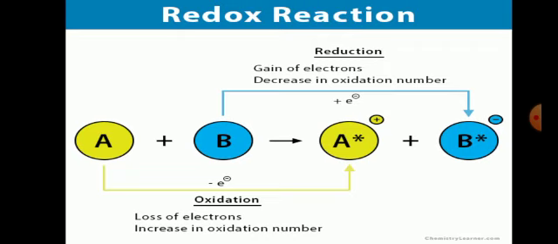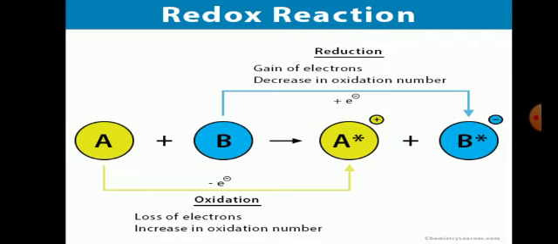In terms of oxygen, it means adding of oxygen, that is gain of oxygen is your oxidation. In terms of hydrogen, loss or removal of hydrogen is your oxidation, and loss or removal of electrons is also your oxidation.